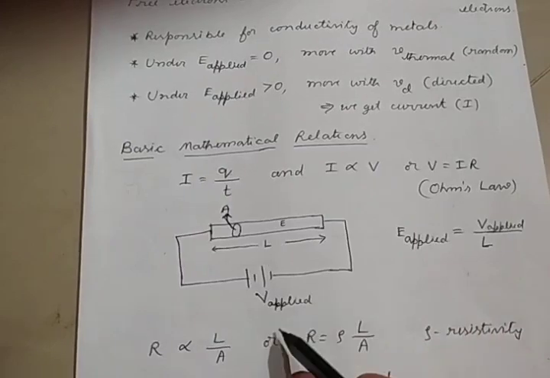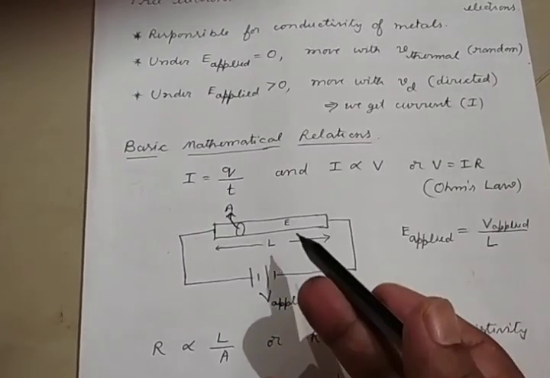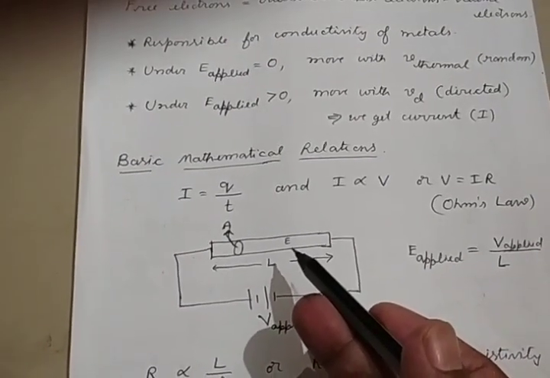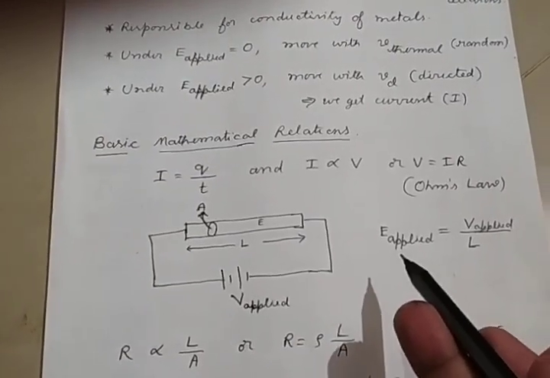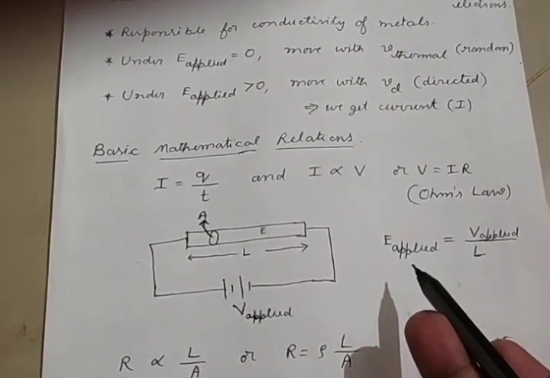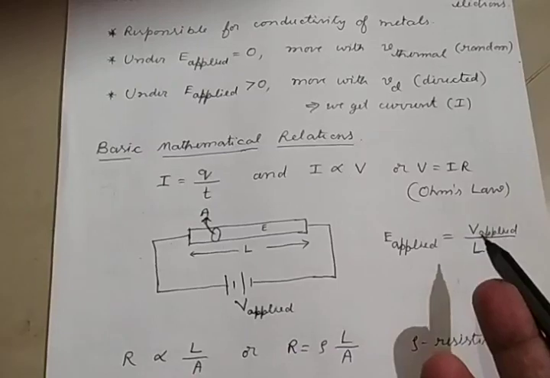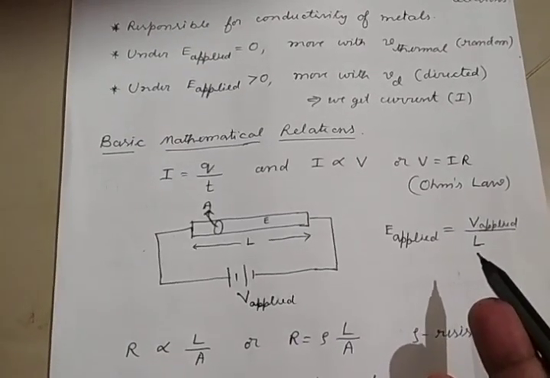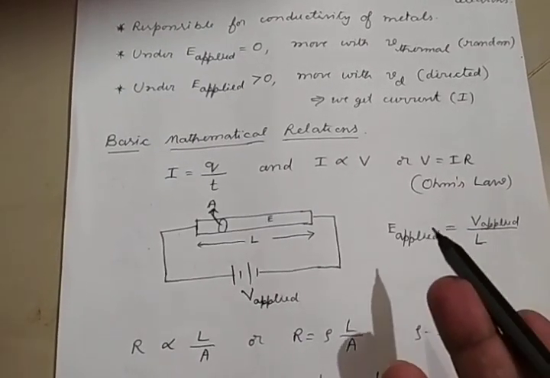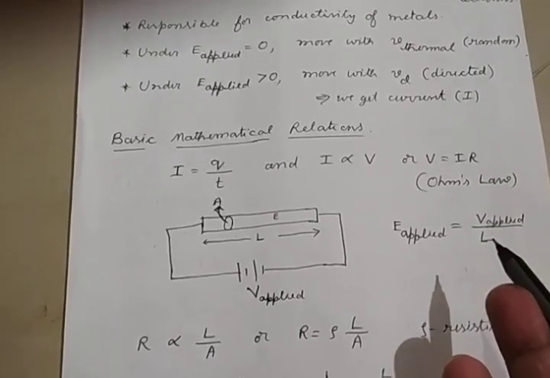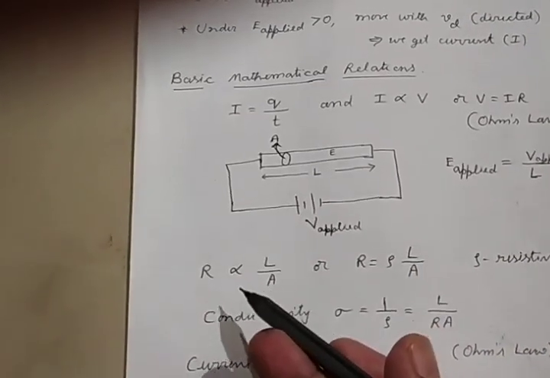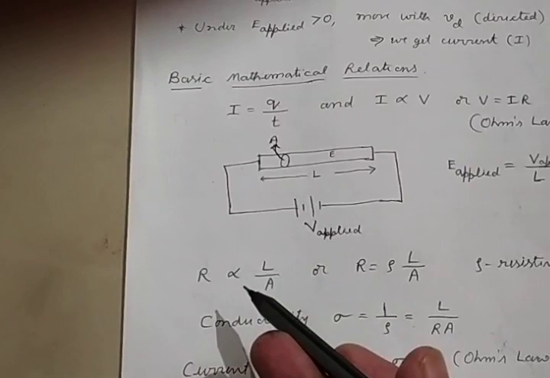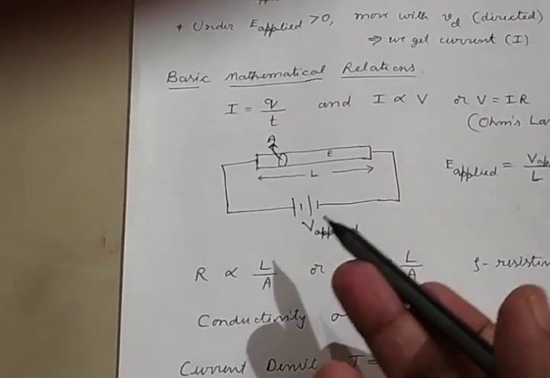Also we see here that due to the applied voltage, an electric field is developed inside the conductor, and that electric field we can write as the applied voltage divided by the length of the conductor, E equals V by L. This is the relation between the applied field and applied voltage. Now the resistance of the wire R is proportional to the length of the wire.